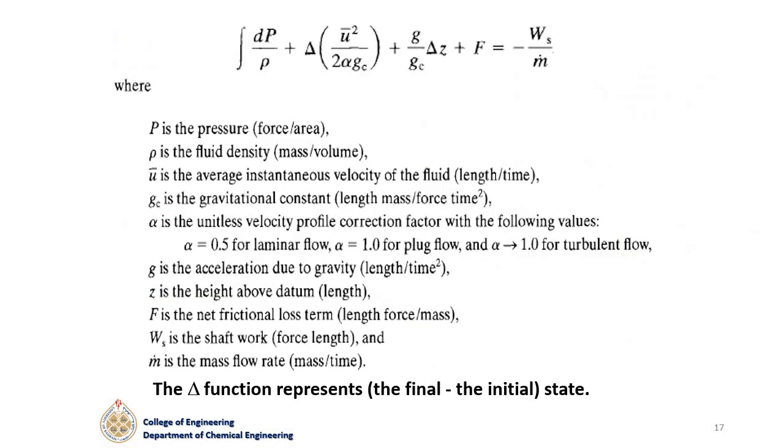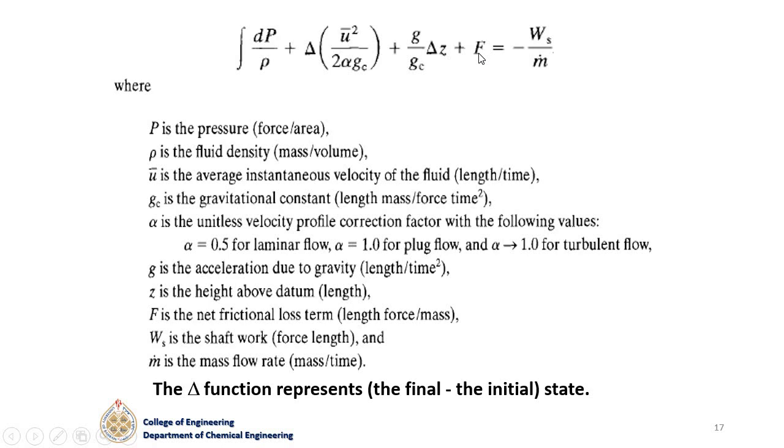We have dP, the change in pressure, and rho is the density, u is the velocity, gc is the gravitational constant, g is gravity, and that is the change of height over the datum. That is the friction loss. We call it the net friction loss because it is a sum of many friction losses.